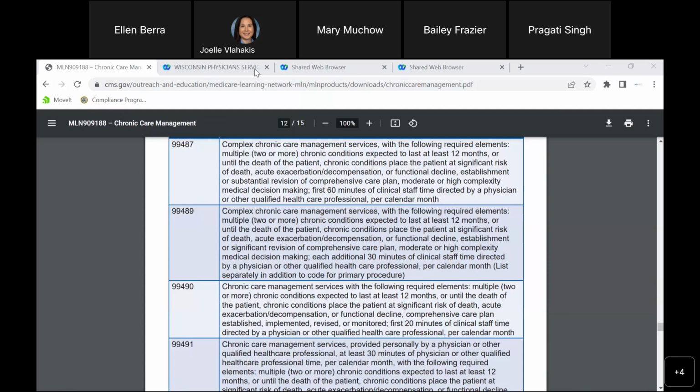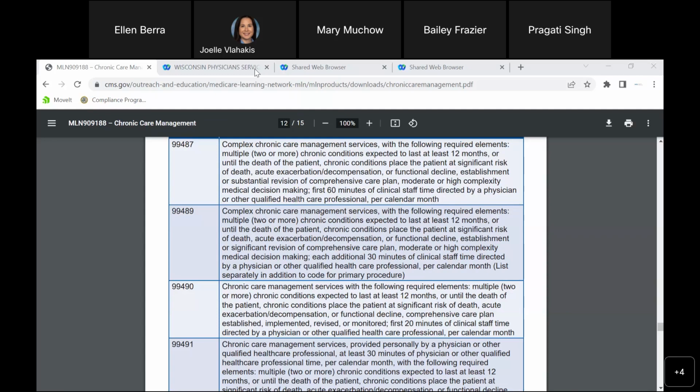Well, the moderate or high complexity medical decision making can only be done by the practitioner. So that's going to be your MD or your DO or your non-physician practitioner. Your clinical staff is not going to be making the medical decision, especially at this level, for that particular patient.